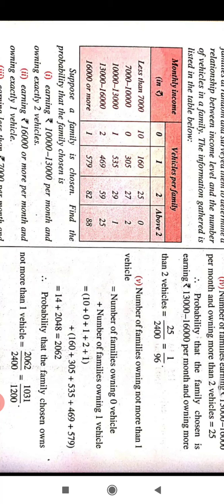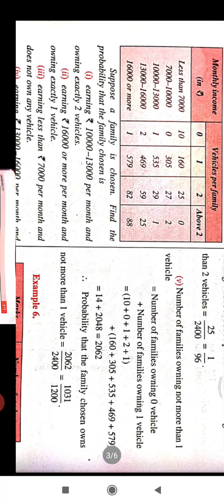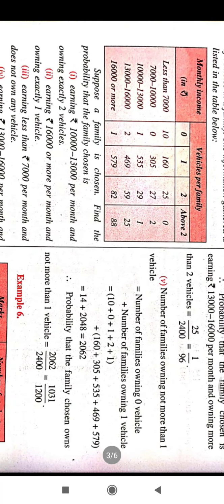In this way we can add all these numbers to obtain the probability. So 10 plus 0 plus 1 plus 2 plus 1 will be 14, and 160 plus 305 plus 535 plus 469 plus 579 will be 2048. Now add these two, so 2062, and we know that the total number of families is 2400.